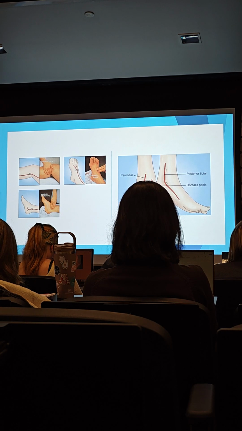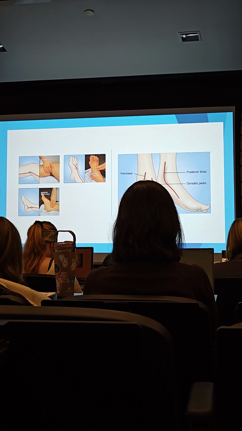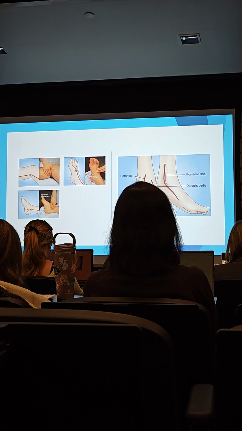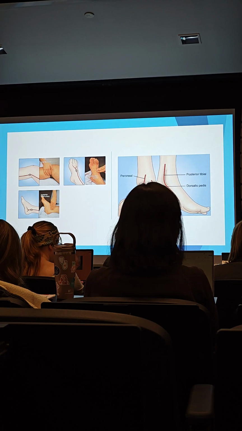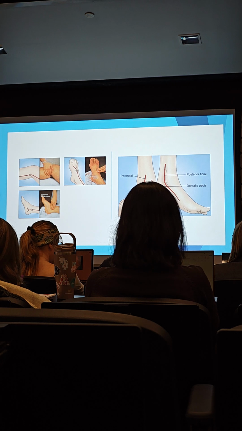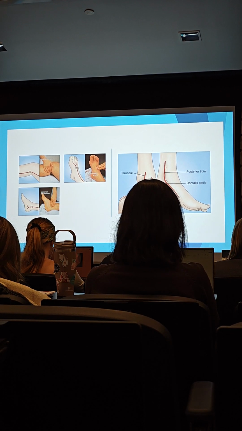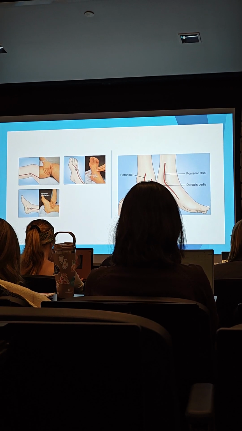Are they thready? Are they normal? Are they bounding? Right? So, our dorsalis pedis is on the dorsum of the foot. The posterior tibial is on the medial side, distal to the tibia, on the ankle by the medial malleolus. So we're palpating right in that area.